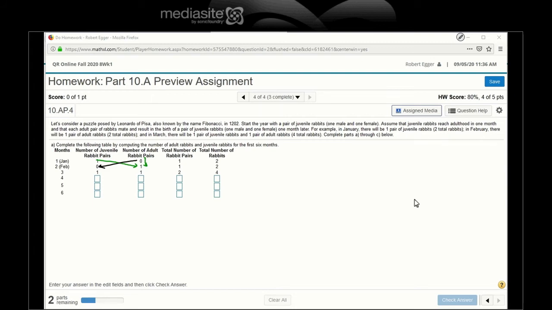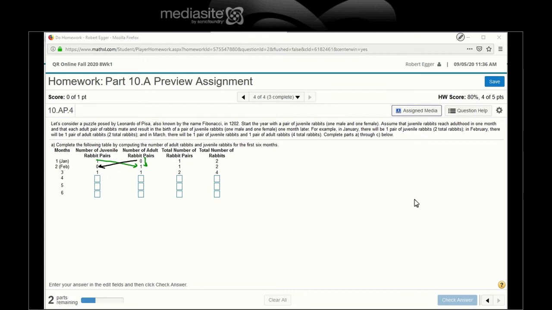So we have in January, we have one juvenile, no adults. So that means February, those juveniles would become adults, but since there were no adults, there'll be no juveniles. All right.